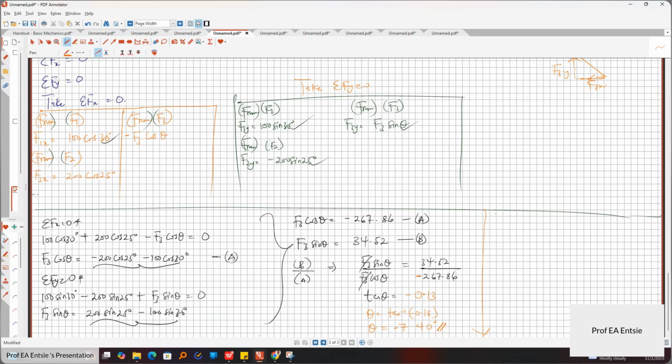If we are using A, F3 equals minus 267.86 over cos of minus 7.4. So now let's go back to the calculator and see what we get for F3.